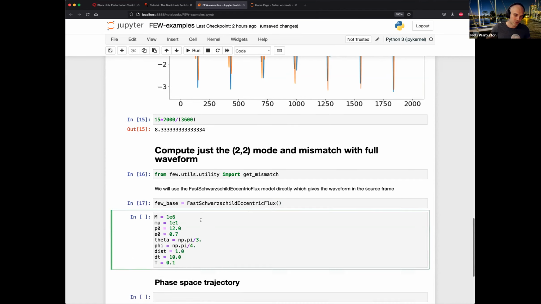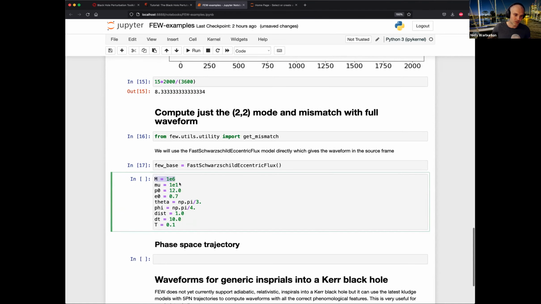We'll once again just set the parameters. So total mass, the mass of the small body, initial parameters, these sorts of things. This is the viewing angle from the source frame. I should have said before that the previous one is computed in the solar system barycenter frame.